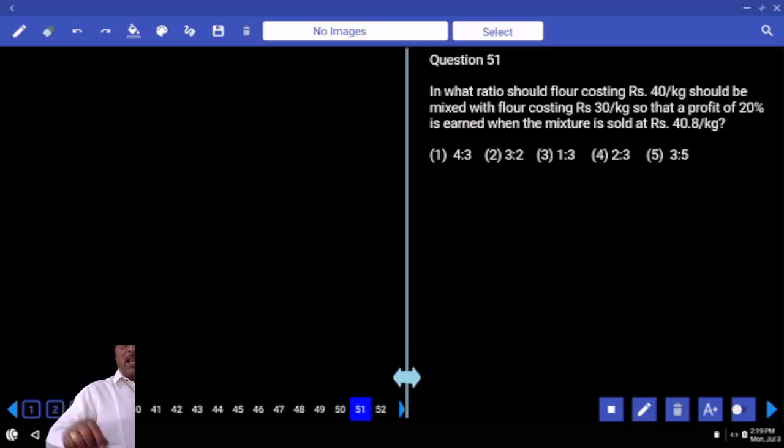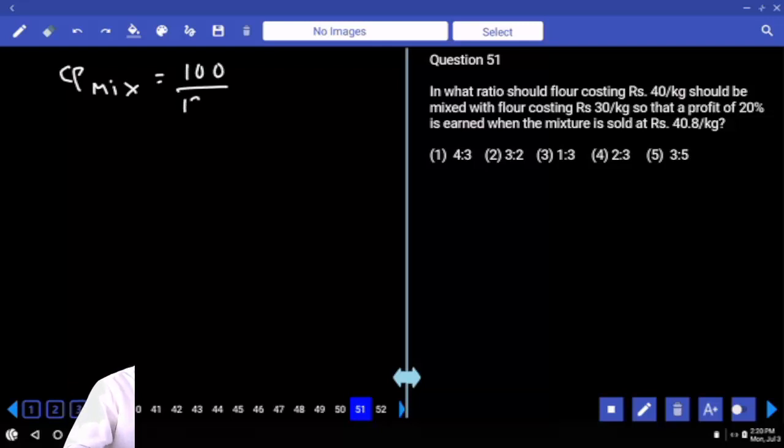If you read the last line of the problem, 40 rupees 80 paise is the selling price of the mixture. So by selling the mixture at 40 rupees 80 paise, the person is getting a profit of 20%. So this 40 rupees 80 paise becomes 120%. By default cost price is 100%. So first of all we need to calculate the cost price of the mixture and it is 100%.